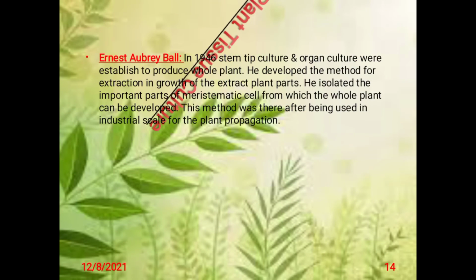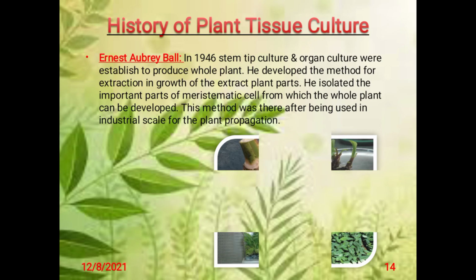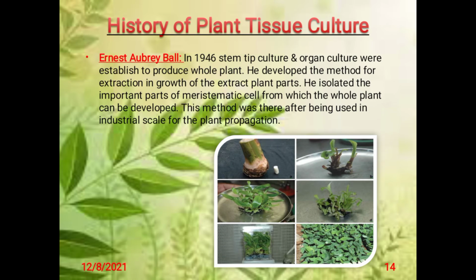Next is Ernest Ball. In 1946, stem tip culture and organ culture were established to produce whole plants. He developed the method for extraction and growth of the excised plant part. He isolated the important part of meristematic cells from which the whole plant can be developed.